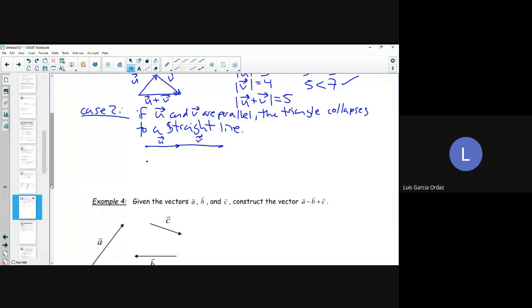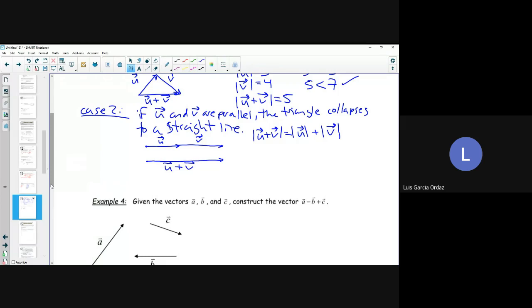I can therefore say vector u plus vector v results when I add those two together. So what I'm really proving here is that the magnitude of u plus v is equal to the magnitude of u plus the magnitude of v.